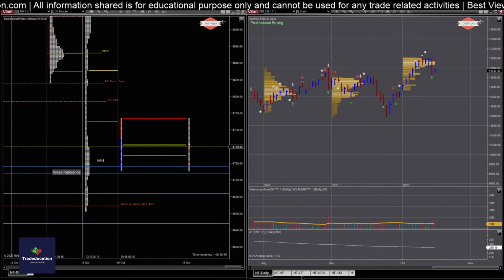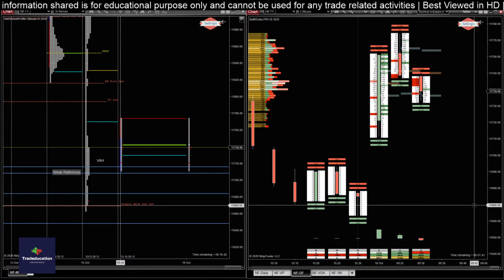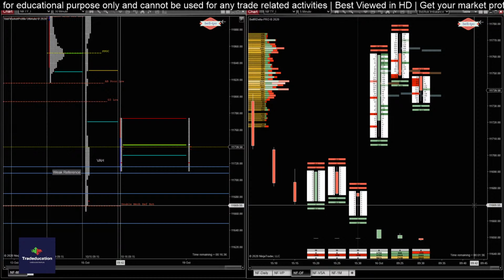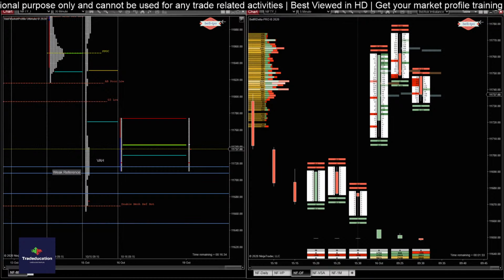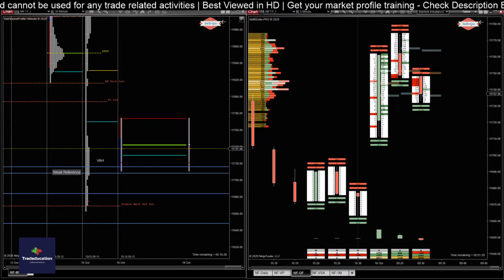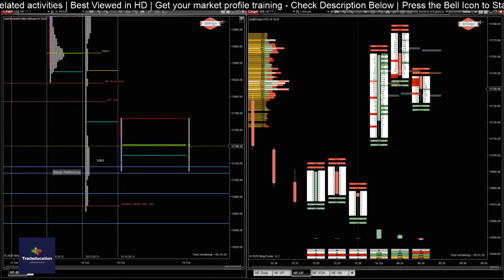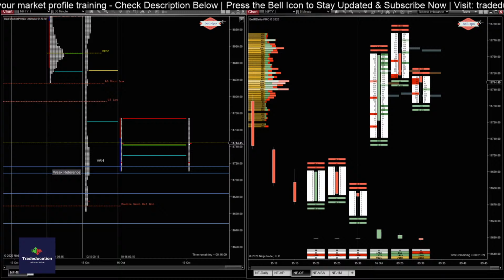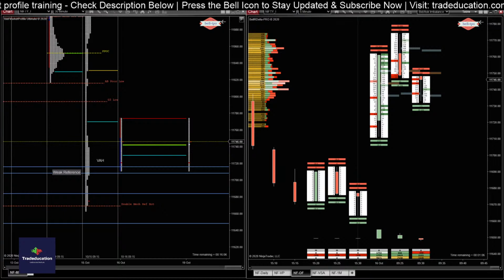Let me jump back to the order flow chart. So 2 minutes to go for this particular candle to close. Buyers stepping in.